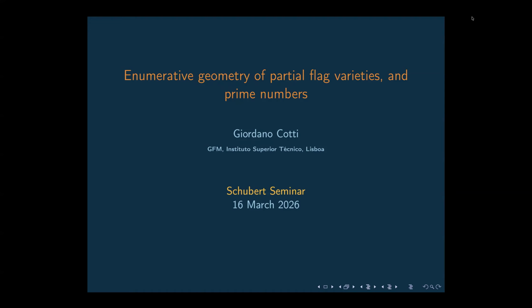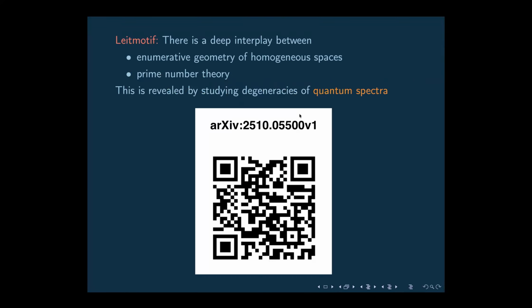As Leonardo said, it's quite rare to find these two topics, apparently so far from each other, in the same slide.